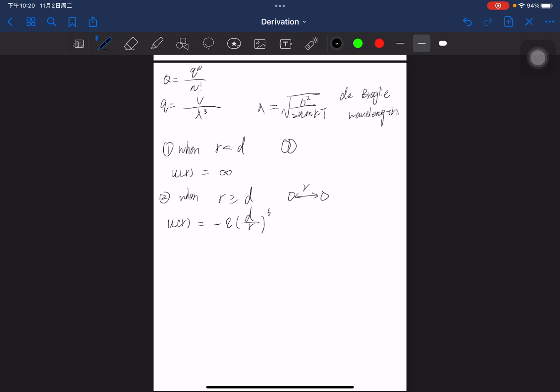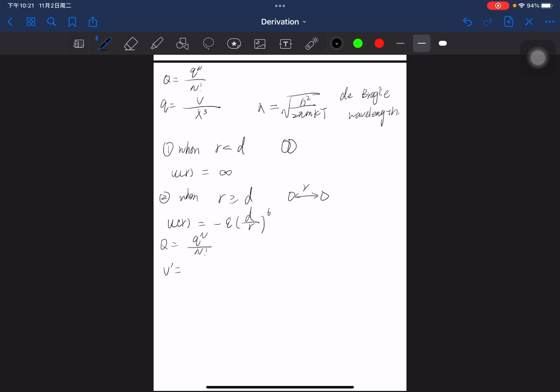In a Van der Waals gas, the partition function for the whole system is still the same as the partition function for the ideal gas, but this lowercase q is different. Why? Because the V changes. In a Van der Waals gas, not all volume is available, since the particles occupy some volume.